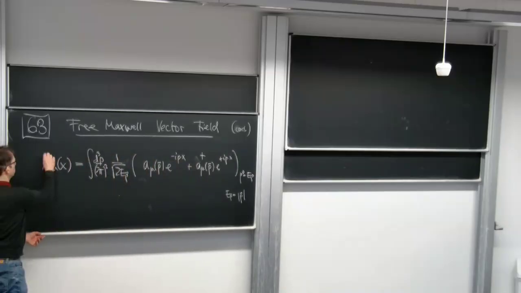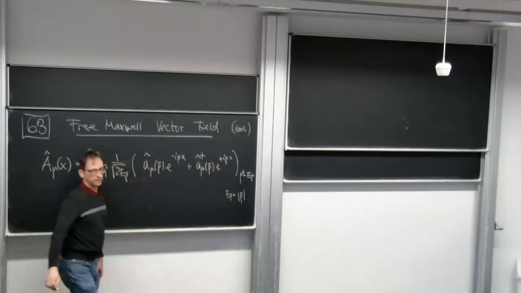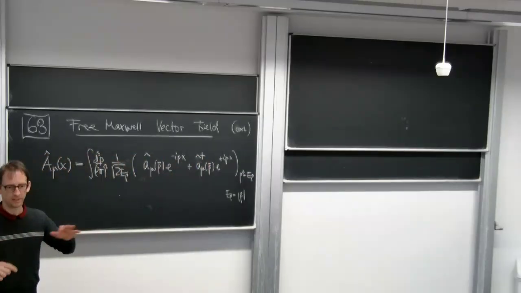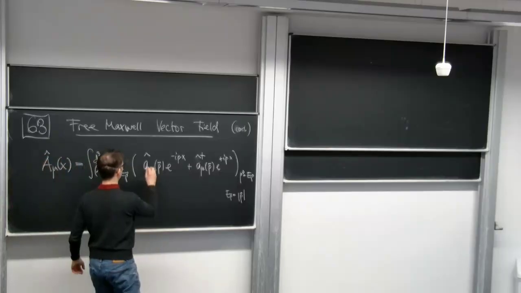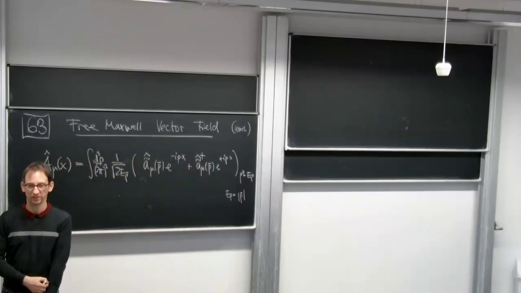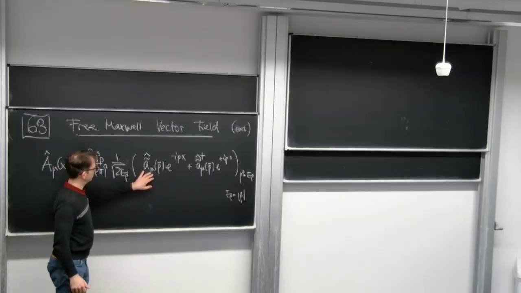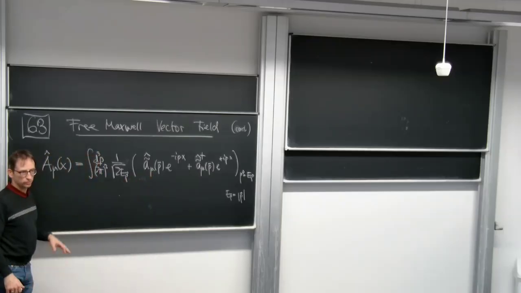And now, these are operators. And since I didn't like them, I had to change them one more time, and that's why the ones I don't like get this extra decorator, the tilde. Why do we not like them? Because we want more than just the solution to the Klein-Gordon equation.